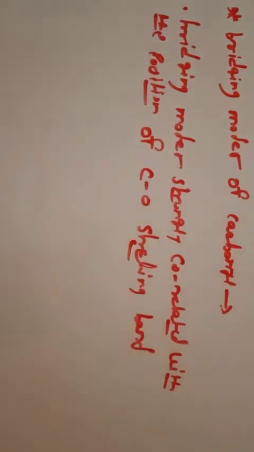We already discussed phenomena such as back bonding. If there are two metal atoms and the carbonyl bridges between the two, then both metal atoms are involved in back bonding, and therefore the carbonyl stretching frequency decreases. So the bridging mode is strongly correlated with the position of the carbonyl stretching frequency or stretching bands.